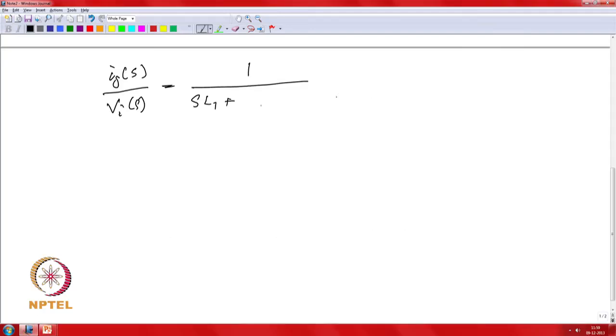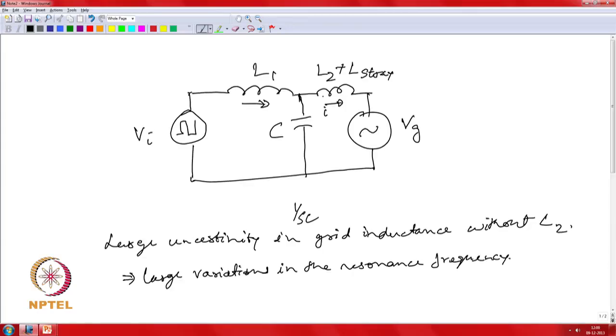So essentially you have SL2 by SC, and then whatever current flows through your inverter side splits between these two branches depending on the ratio of the impedances.